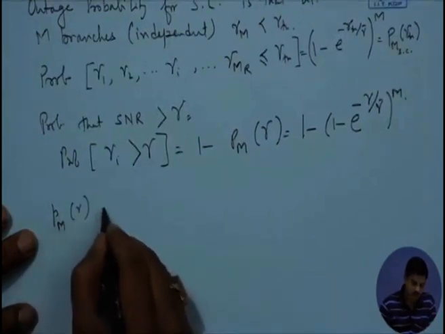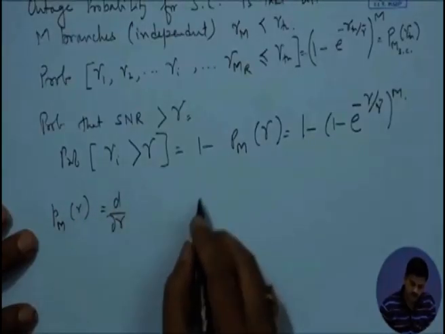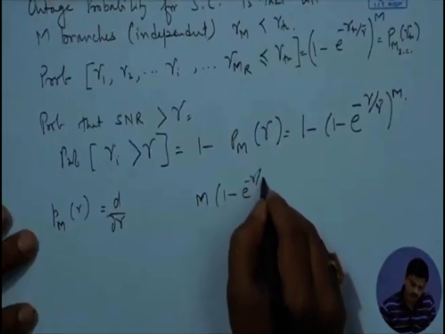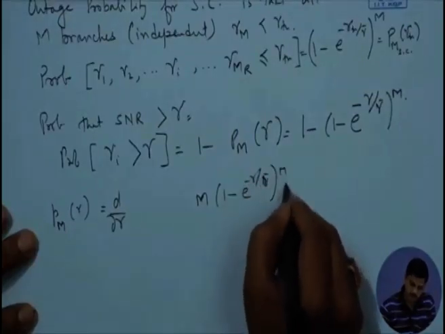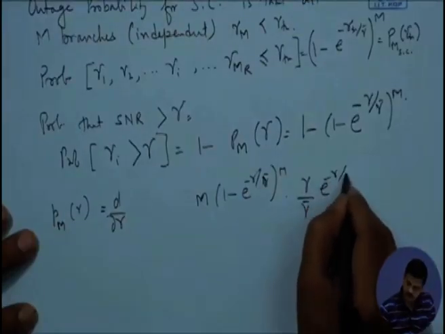the density function of this, we take the d/d gamma of the above expression, and this would lead to m times 1 minus e to the power of minus gamma by gamma bar, raised to the power of m minus 1, times 1 by gamma bar e to the power of minus gamma by gamma bar.